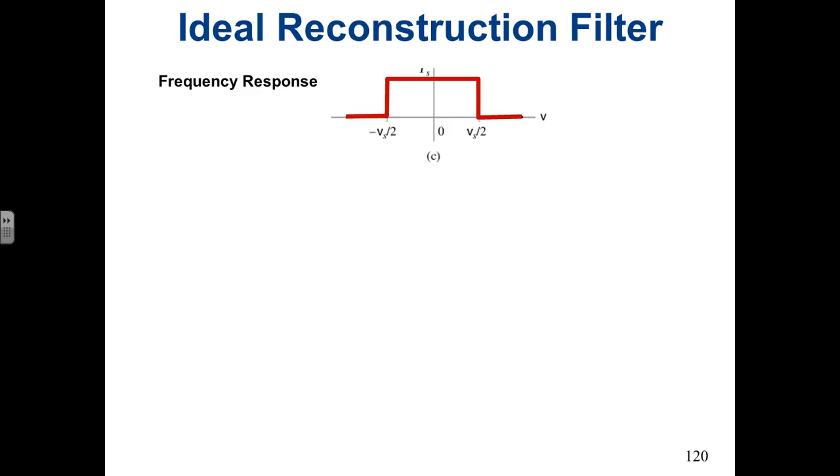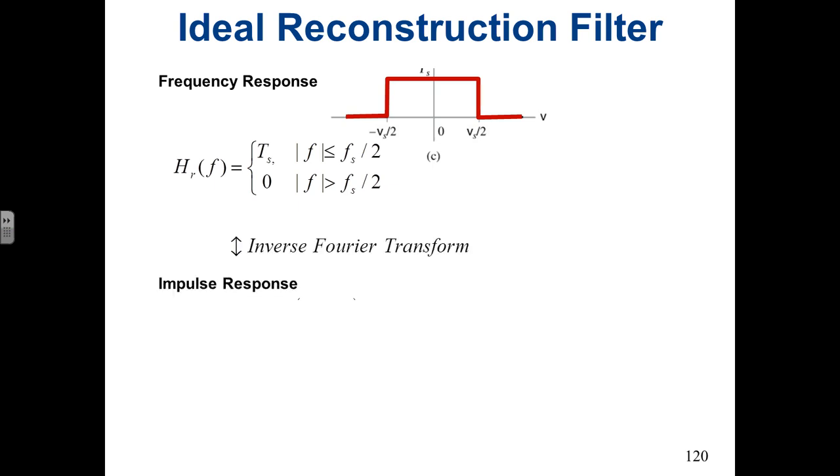So the ideal reconstruction filter is again an ideal low-pass filter, which actually I can't make in the real world. Its frequency response would be 0 above the Nyquist rate and T sub s between DC and the Nyquist rate.